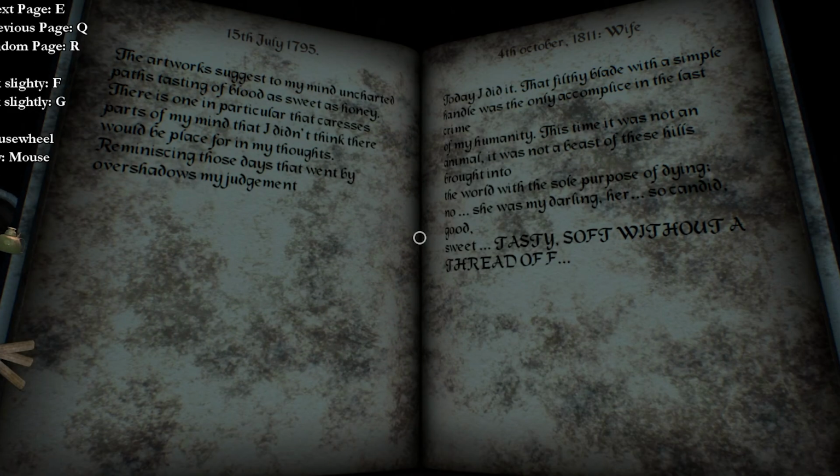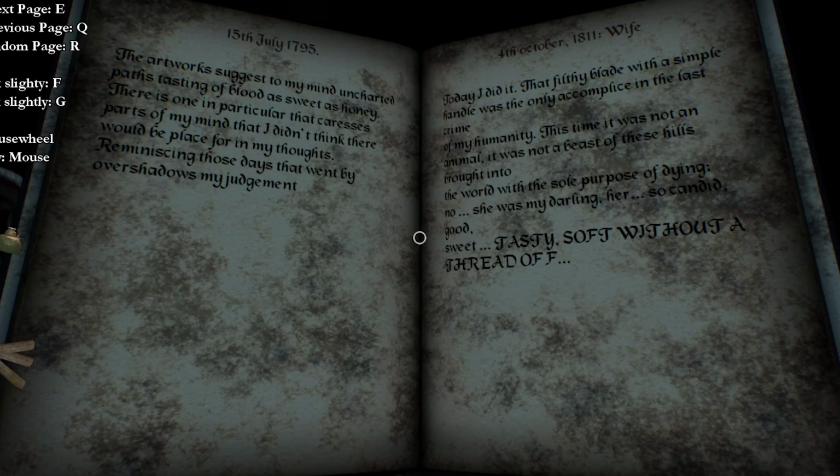The artwork suggests to my mind uncharted paths tasting of blood as sweet as honey. There is one in particular that caresses parts of my mind that I didn't think there would be place for in my thoughts. Reminiscing those days, what went by overshadows my judgment. Today I did it.